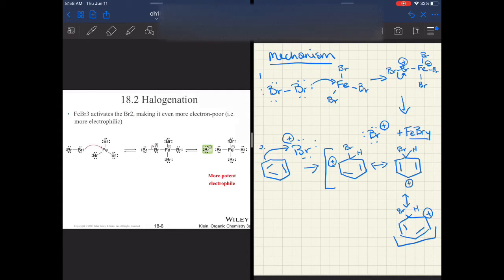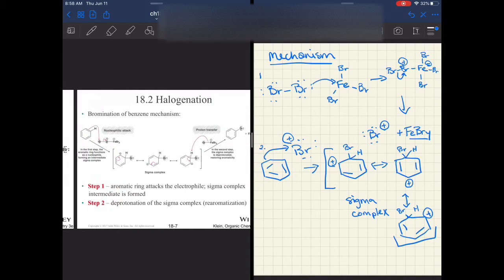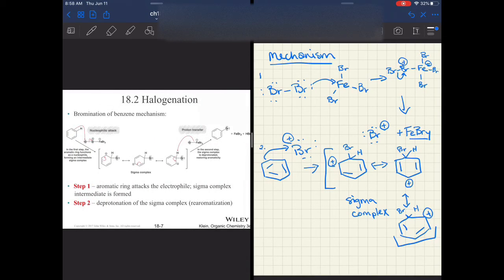So these 3 resonance structures are referred to as the sigma complex. The sigma complex is important. I am not going to draw it out every single time we do this reaction. But if you are looking to practice resonance, that would be a good time for you to add those into your notes later. I am going to draw them occasionally, but sometimes I will abbreviate.